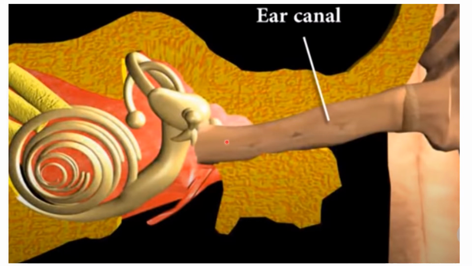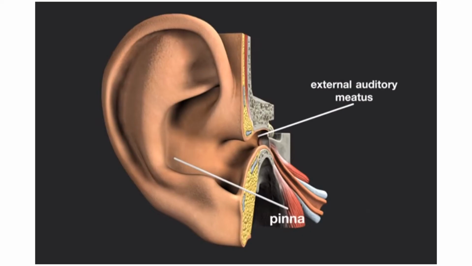So this is the canal. This is another picture of the right ear. So here is the external auditory meatus. These pictures are just to give you an orientation so that we can discuss and make things clear.